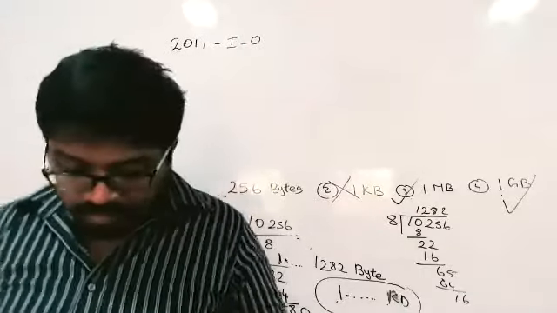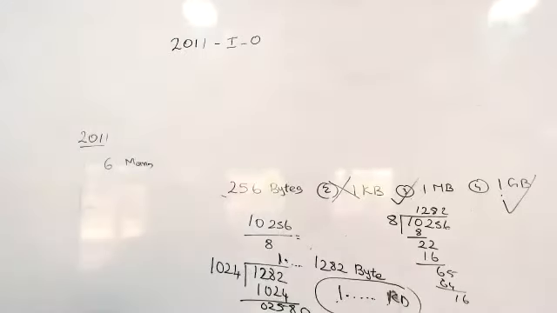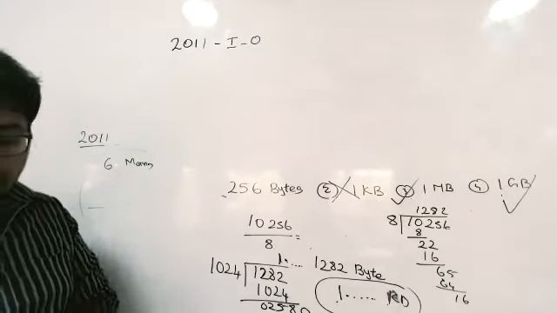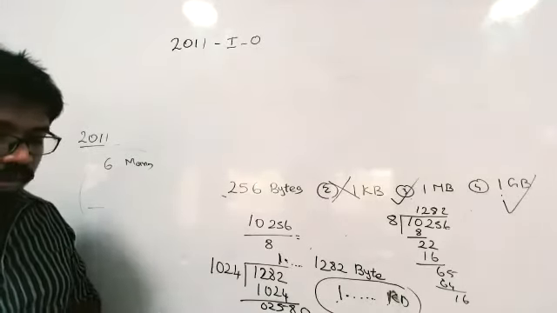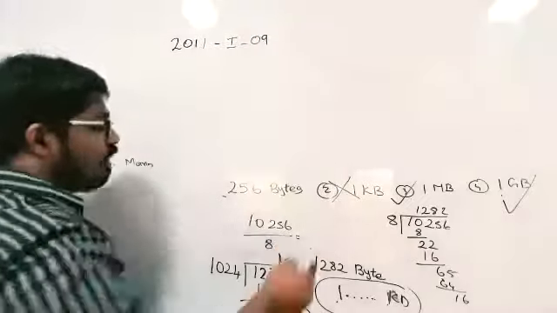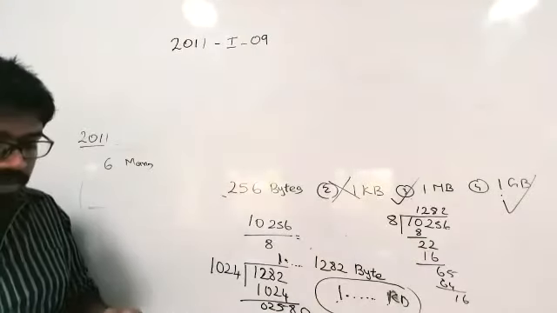Like this same type of question I gave you in the class for your practice. I can remember that question. I gave you 6 or 7 BCD patterns and asked you to determine whether they are valid or invalid. So 2011 question number 9 of part 1.